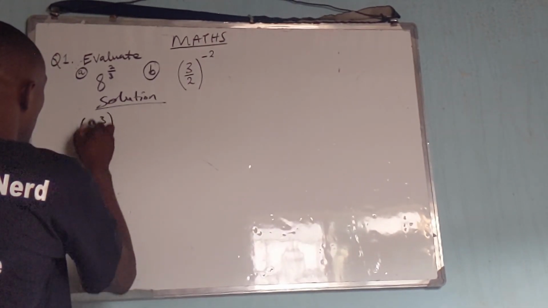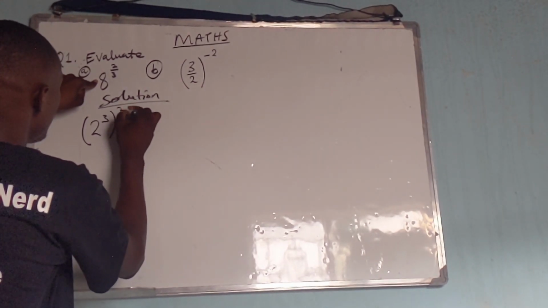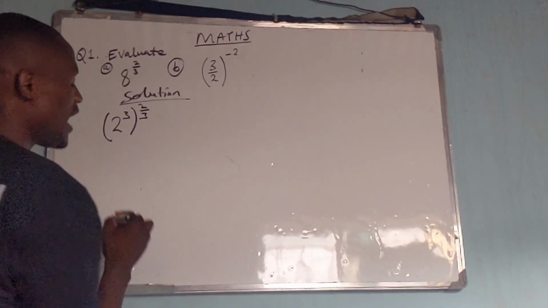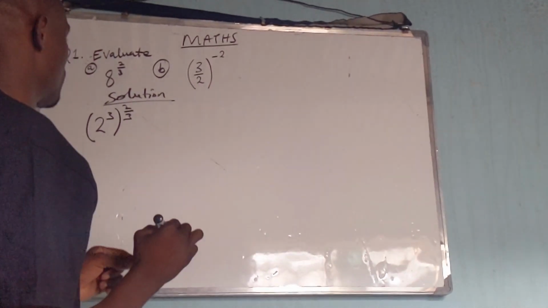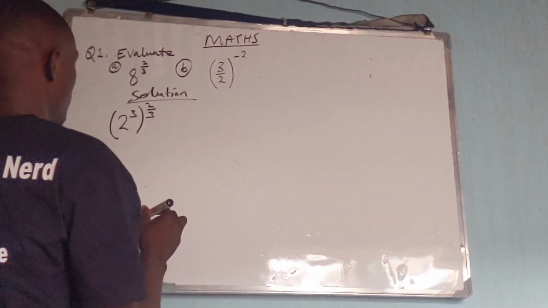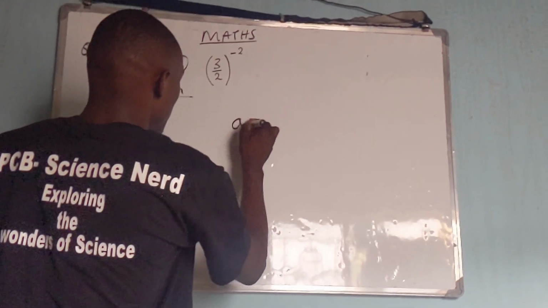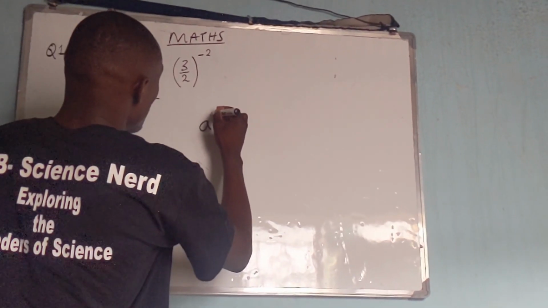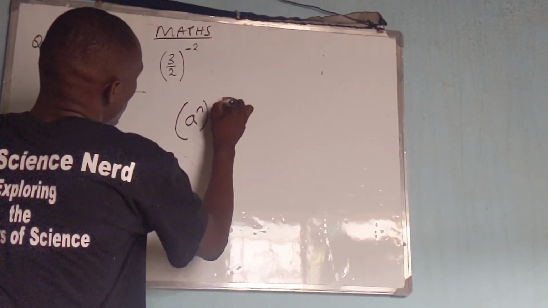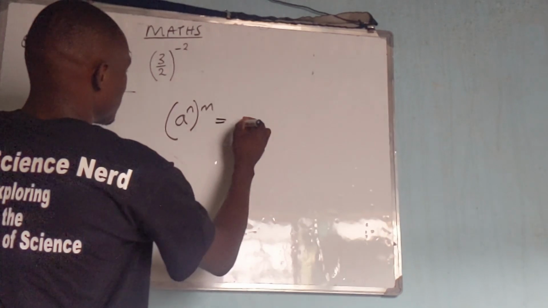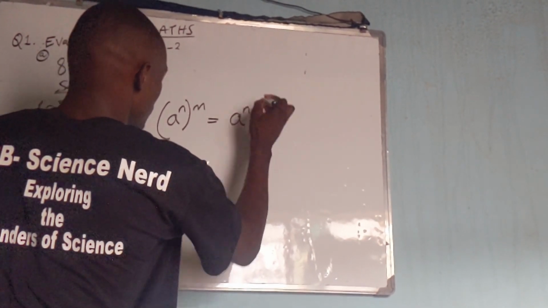So this 8 is raised to the power 2 divided by 3. Now, according to the laws of indices, if I have a to the power n in brackets, then power m outside, this is exactly the same as a to the power nm.